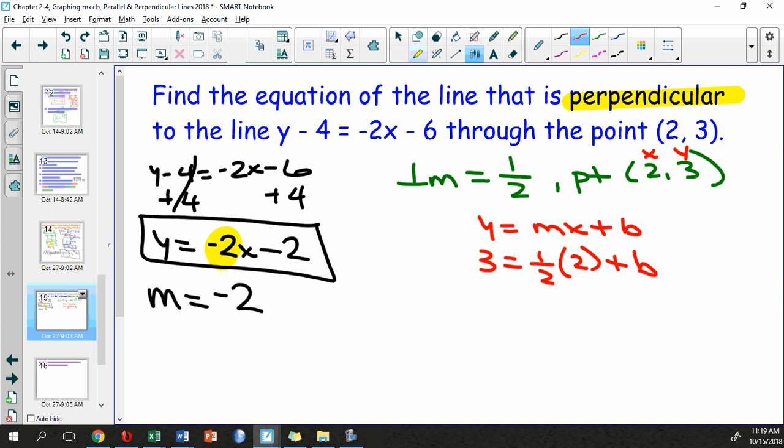What is 1/2 times 2? The 2's cancel out, and I'm left with 1 plus b. Yes? Now what? Subtract the 1, and you're left with 2 is equal to b.